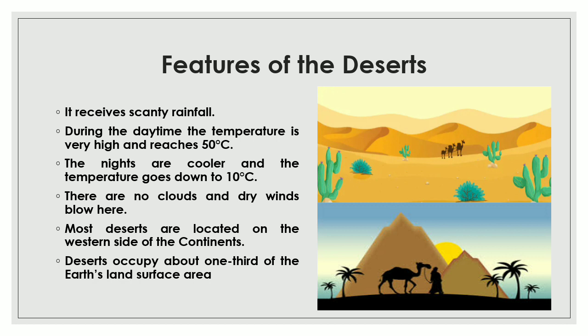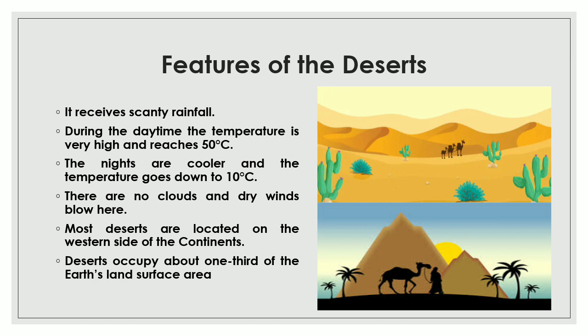There are no clouds. We cannot see clouds in the deserts, but we can experience dry winds. Why? Because in the deserts there is no moisture, because of the lack of water in the atmosphere.